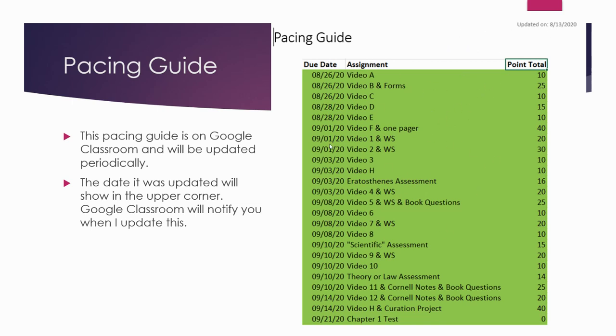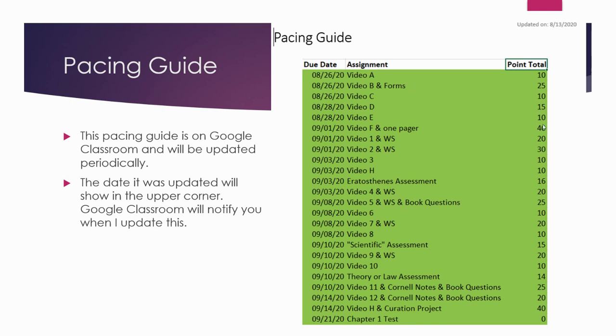You can see there's a due date, which is what I anticipate is the day you should have that work completed, and how many points it is worth. In general, all the videos are going to be worth 10 points, and any paperwork, homework, or assignment sheet that you're taking a picture of or filling out and turning in is going to be worth between 5 and 10 points depending on the length and the complexity.